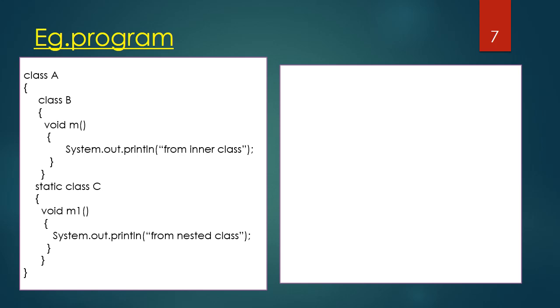Here class C is also used inside the A class. Since it is static, we call this class a nested class, with method M1. In the main method, when we are creating an object of B, first we need an object of the A class. But to create an object of the C class, we don't need an object of A.